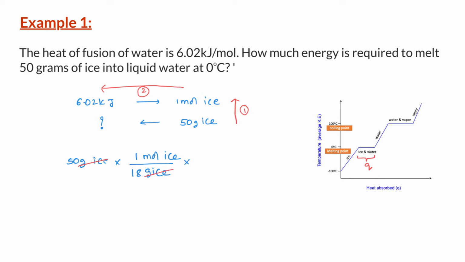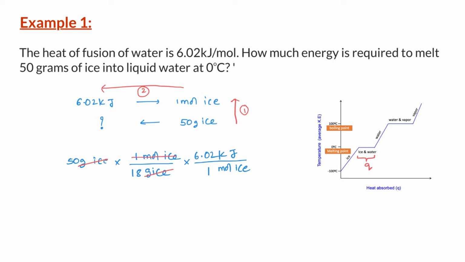Next, I can convert moles of ice into kilojoules of heat required. To do that, I need to multiply this with a conversion factor that has moles of ice in the denominator and kilojoules of heat required in the numerator, which is 6.02 kilojoules of heat per every 1 mole of ice.